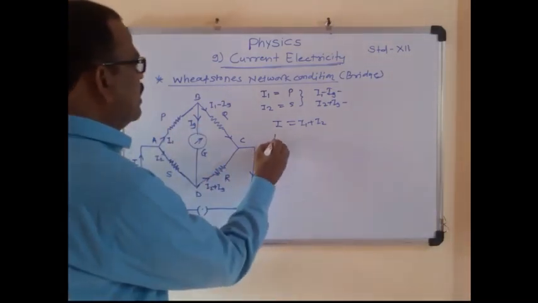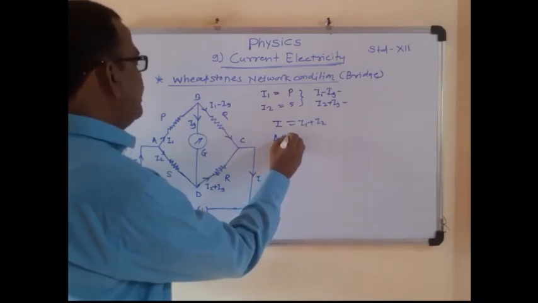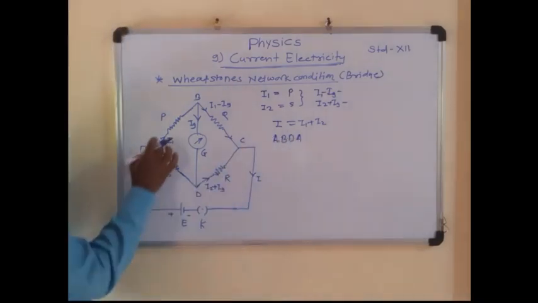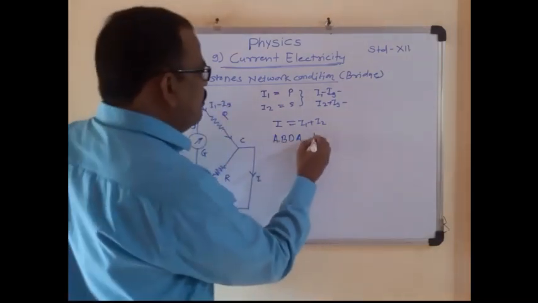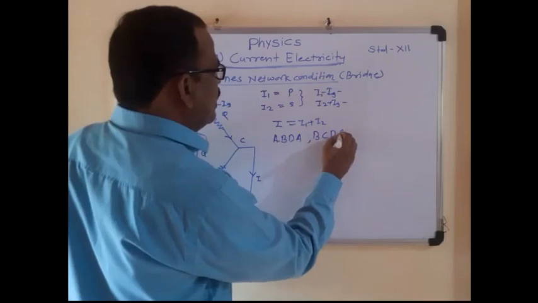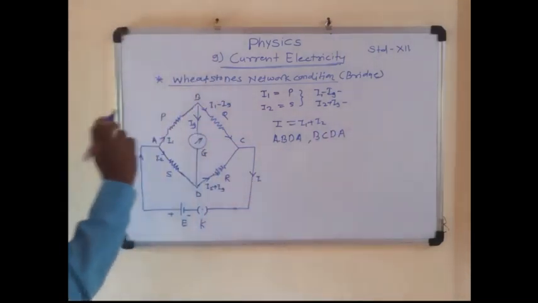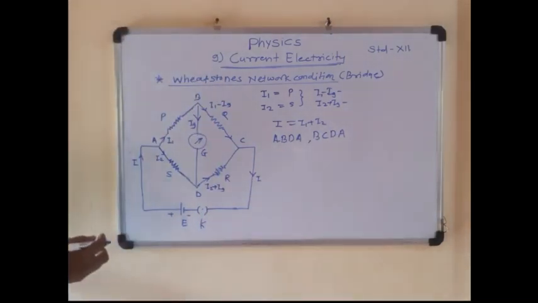Next, this circuit consists of a number of closed loops. We consider A, B, D, A, and second, B, C, D, A. These are the 2 loops in the given diagram.